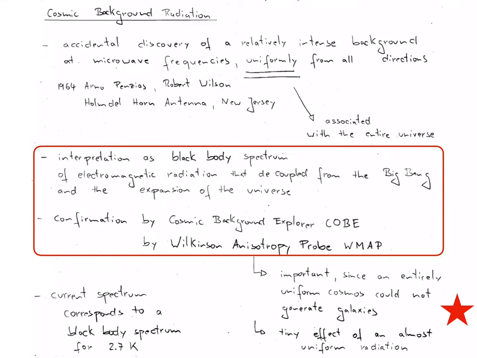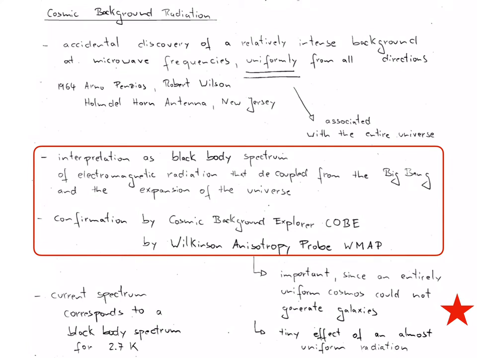The black body spectrum of the cosmic background radiation is just interpreted as electromagnetic radiation that decoupled from the Big Bang and the expansion of the universe at about 380,000 years after the Big Bang singularity. Further confirmation of this spectrum has since occurred through measurements with the satellite COBE and more recently the Wilkinson anisotropy probe WMAP.